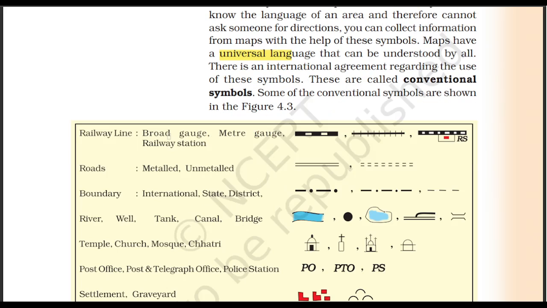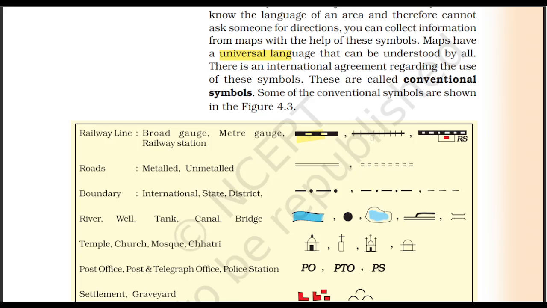The railway line is shown like this, but railway lines have different types of gauges: broad gauge and meter gauge, also shown with a station.